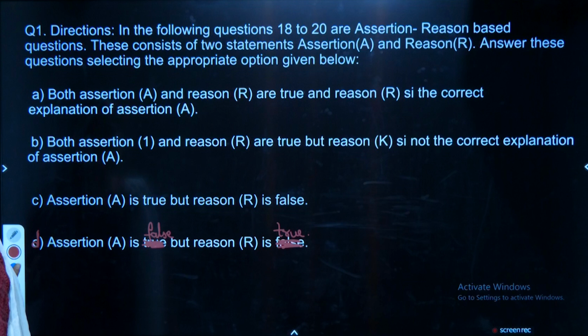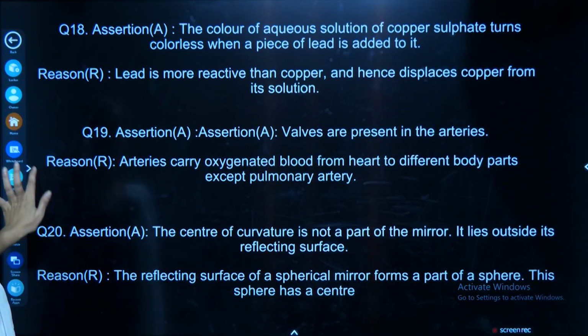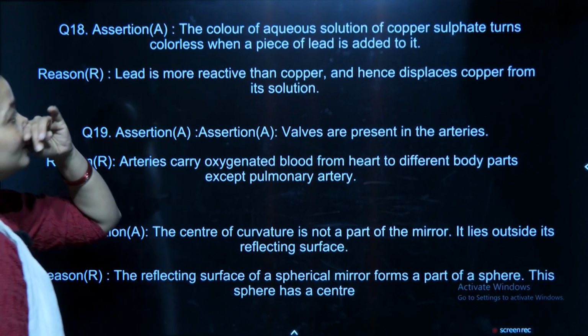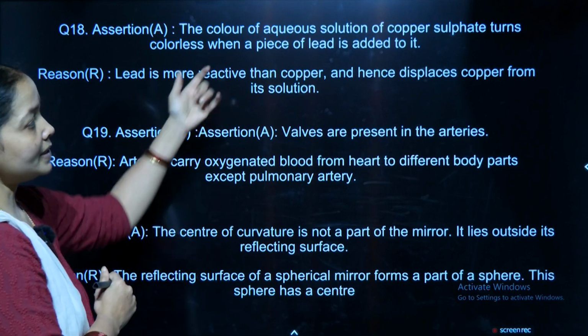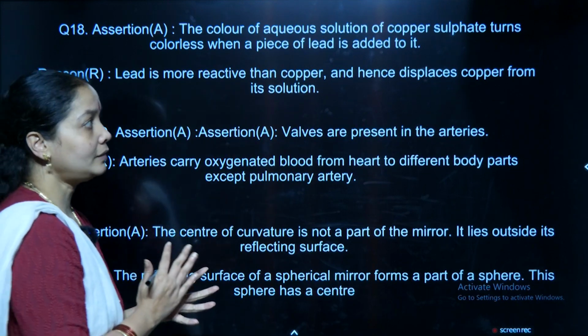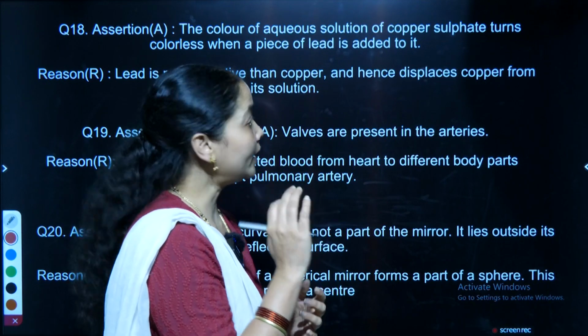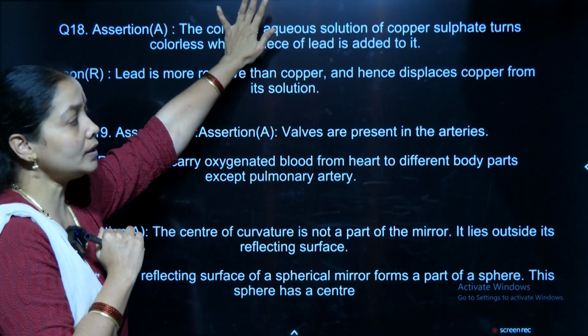So let us quickly see question number 18. What are they telling us in question 18? Assertion is being told about the color of aqueous solution of copper sulfate turns colorless when a piece of lead is added to it. Copper sulfate is CuSO4, blue in color. Lead, when added to it, obviously there is a reaction happening between them and the solution turns colorless.